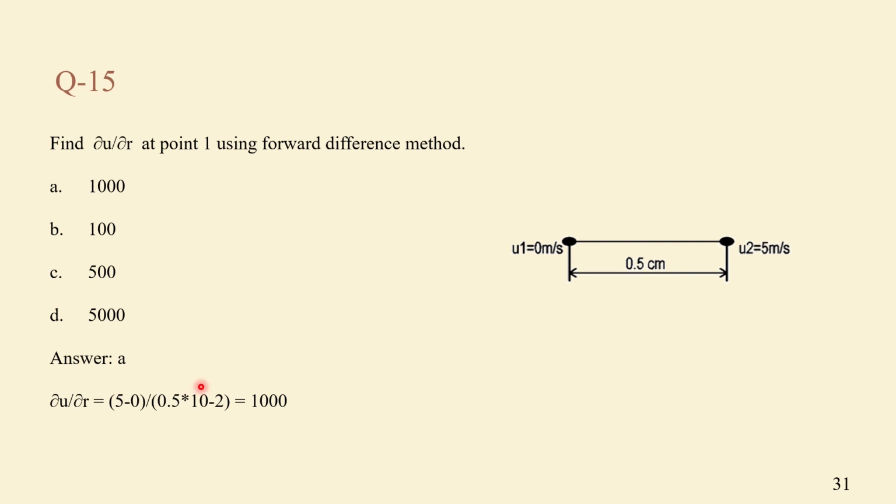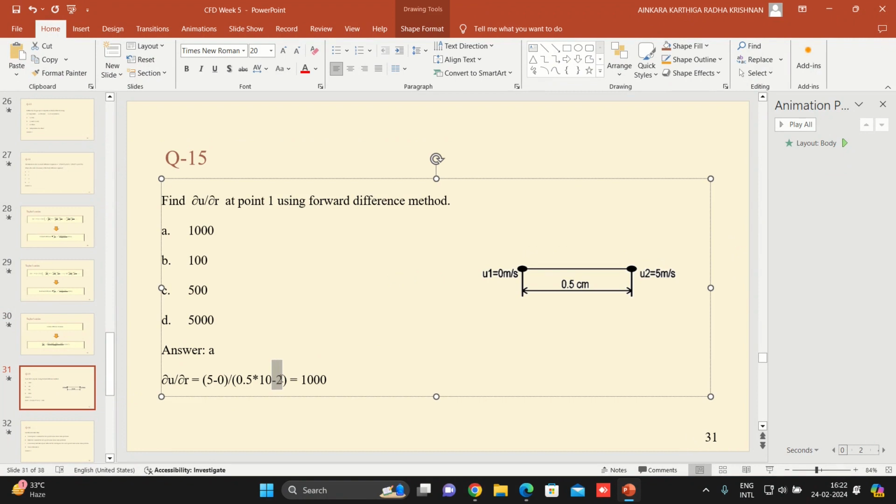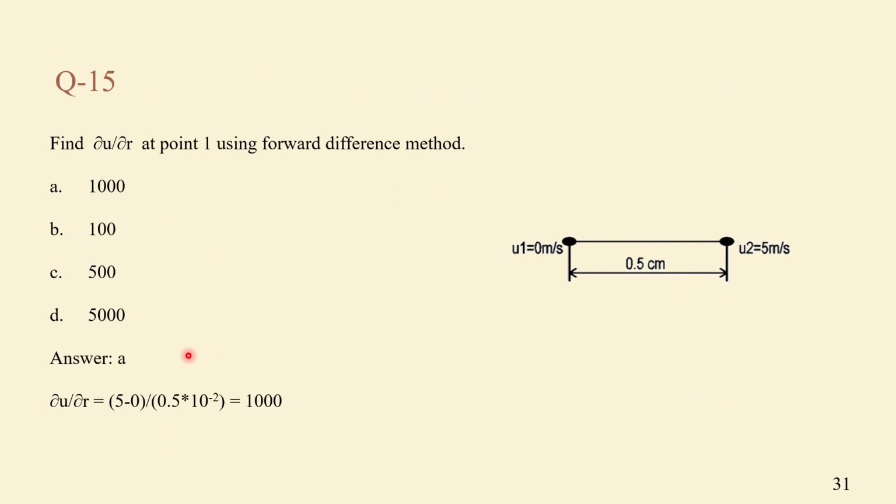Since it is centimeter, we calculate this with 10 power minus 2. On further calculation, 5 divided by 0.5 is 10, and with 10 power 2 it would be 1000. So 1000 is the right answer.